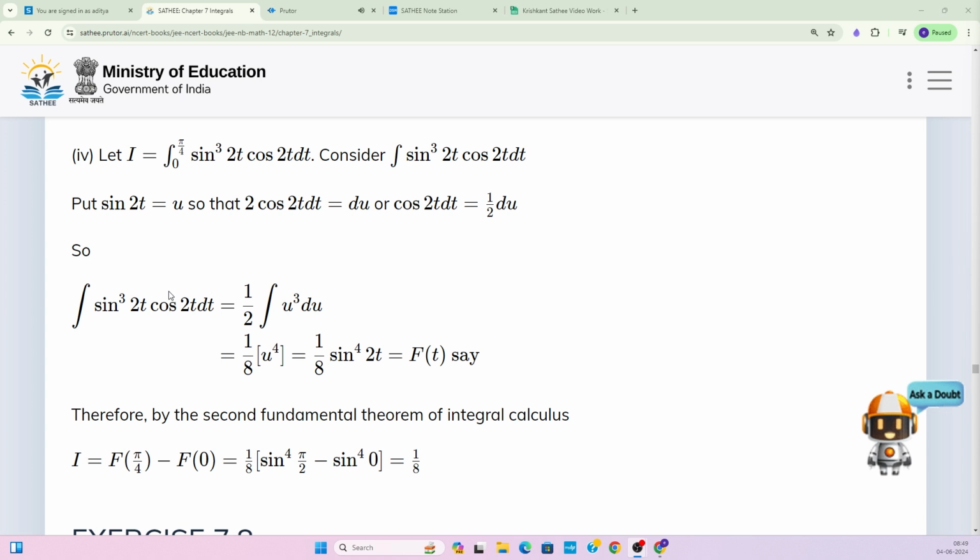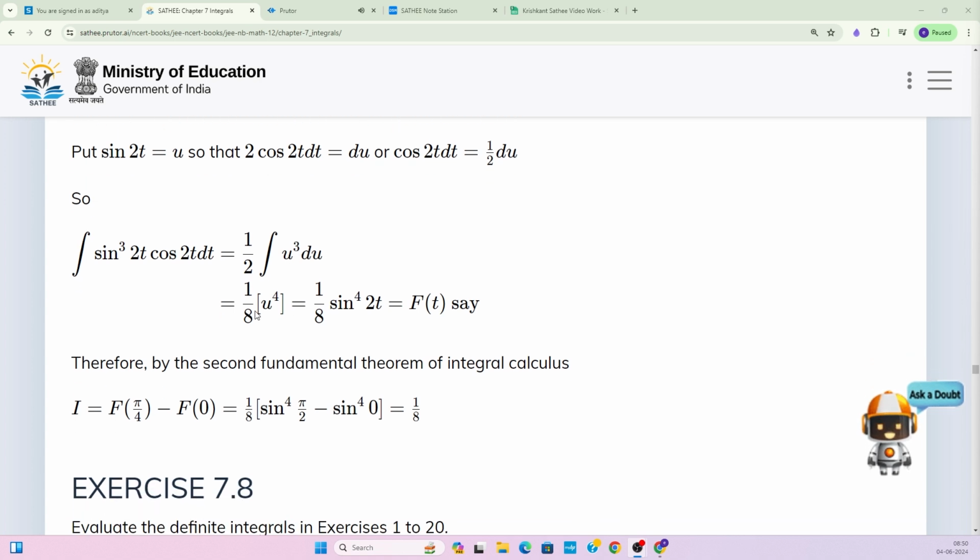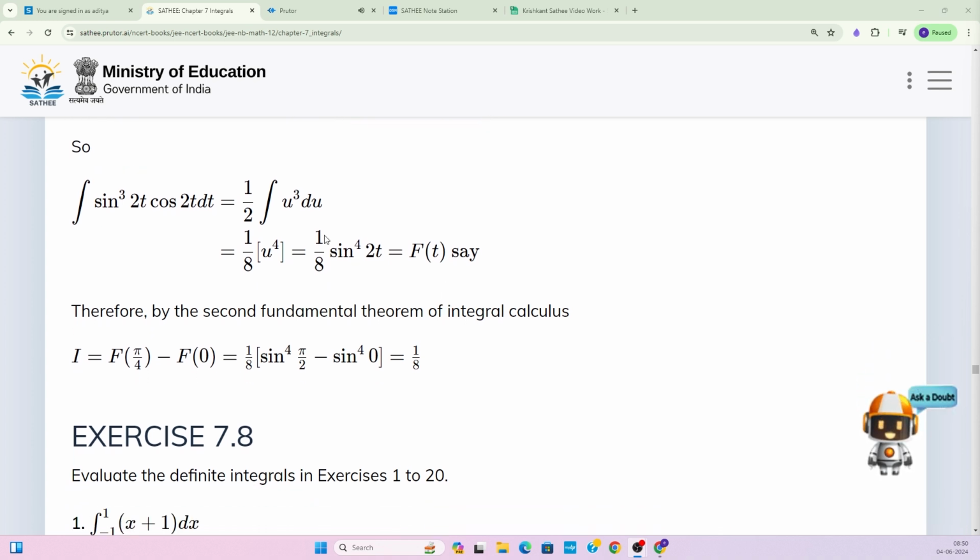This means the integration of sin cube 2t cos 2t dt will be half of the integration of u cube du. This means u power 4 by 8. This means sin power 4 2t by 8. This means F(t) will be sin power 4 2t by 8.